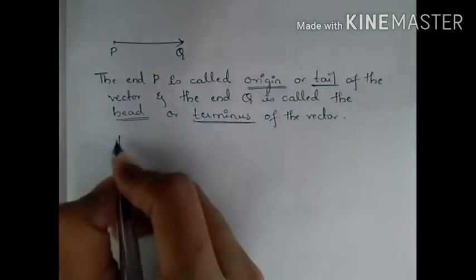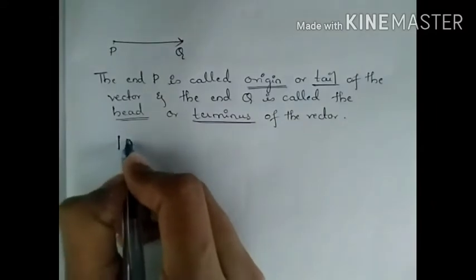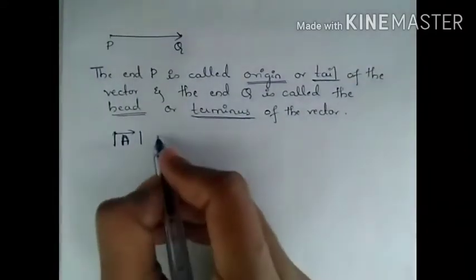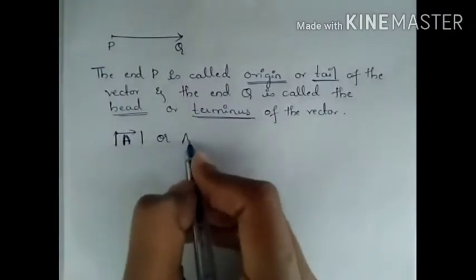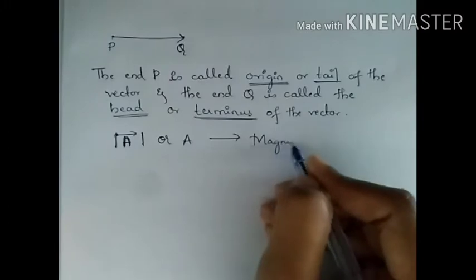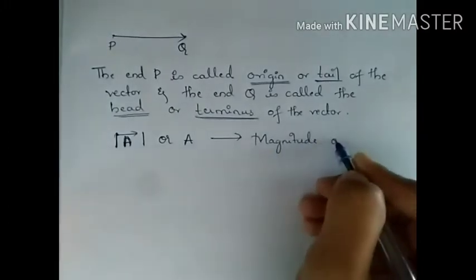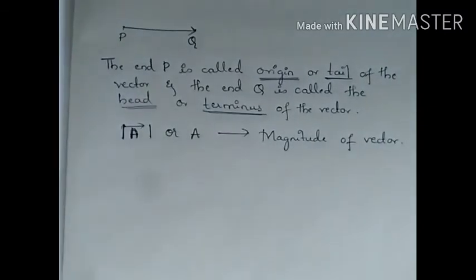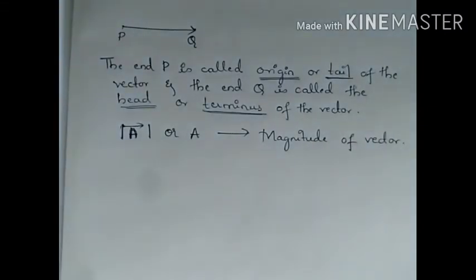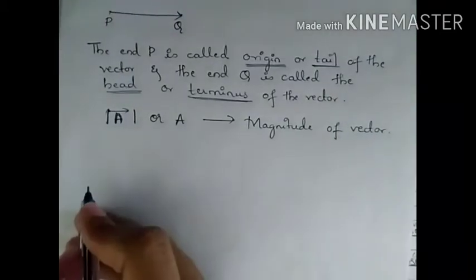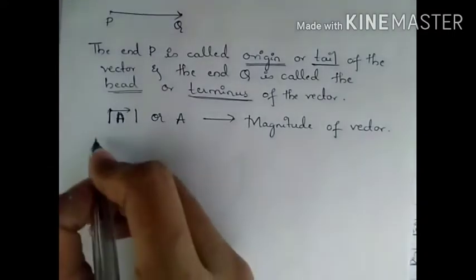The magnitude of a vector is always written like this, or this can be written. This represents the magnitude of the vector. This magnitude is independent of direction and it is always positive.